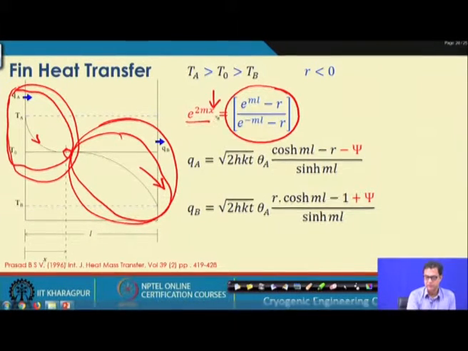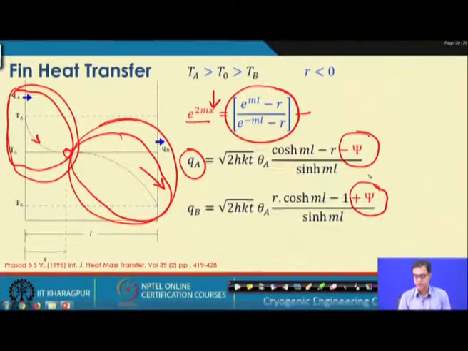And here the x is given by this relation. So, this is not exactly similar to the earlier situation, and its reflection will be there in the amount of Q A, that is, there will be a term like minus psi and plus psi.